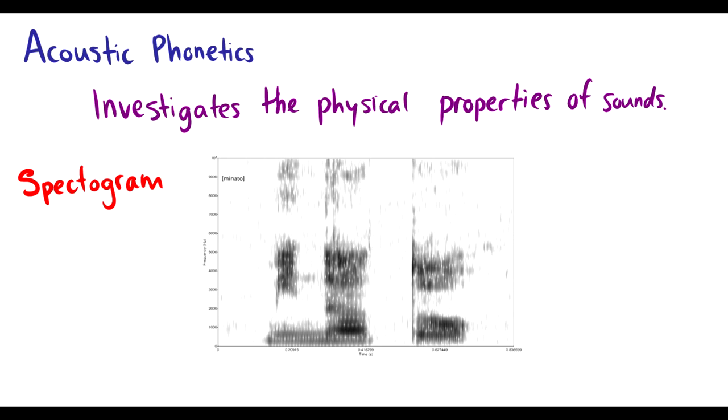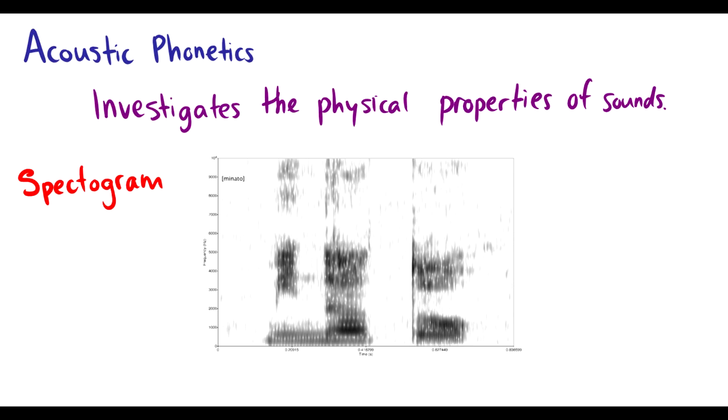So there's two main types of phonetics. One is acoustic phonetics, and this investigates the physical properties of sounds. So here we have something called a spectrogram, and what it does is it looks at something called formants, which is a property of sounds, and it makes it a little bit darker where your formants are.